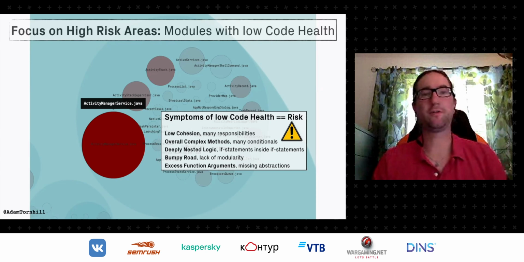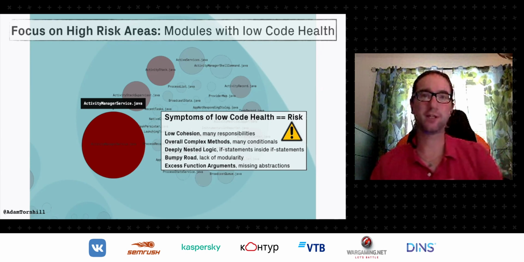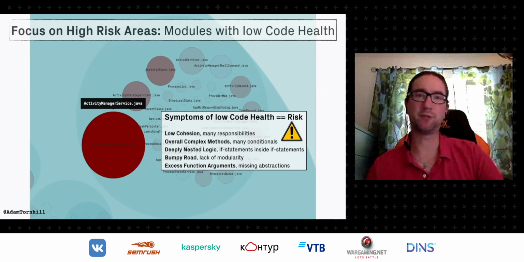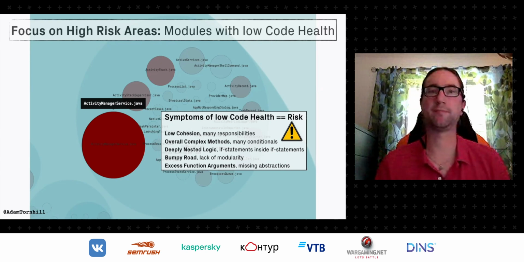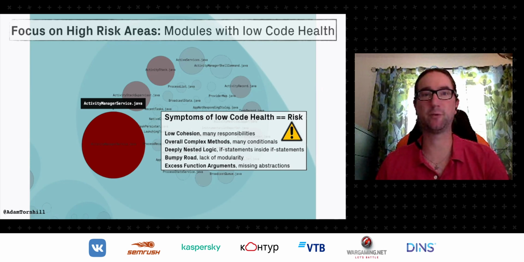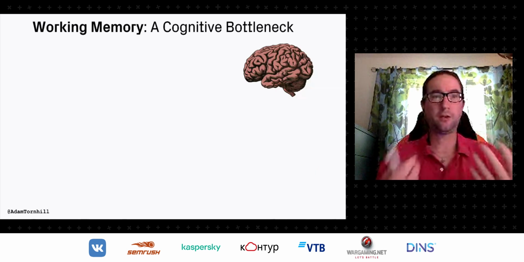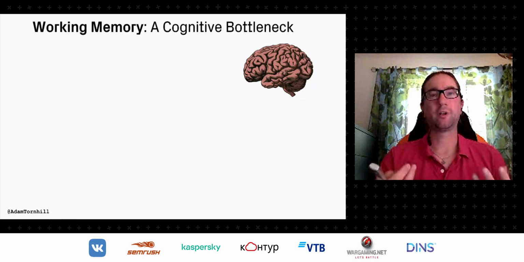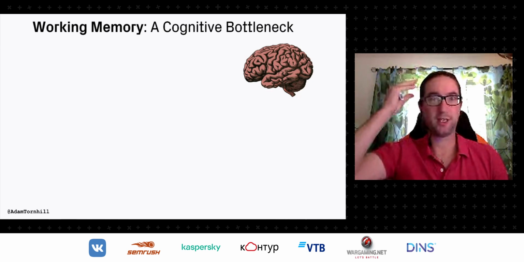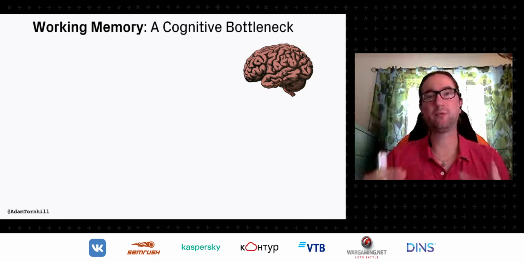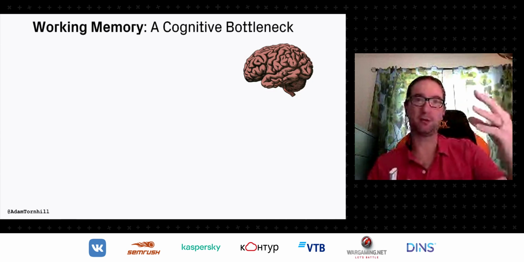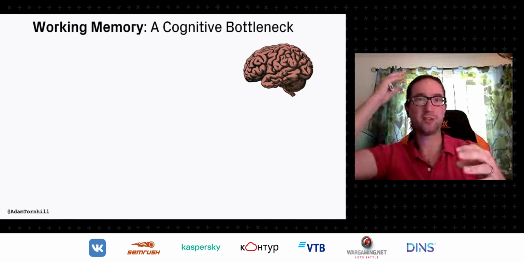Another thing I tend to look for is a concept called deeply nested logic. It's a kind of complexity metric, but very different from cyclomatic complexity. So let me explain it to you and why it's a problematic pattern that you want to be aware of in your code. It all boils down to a concept called working memory. Working memory is a cognitive area in your brain, and it is what you use to perceive, interpret, and manipulate information in your head.